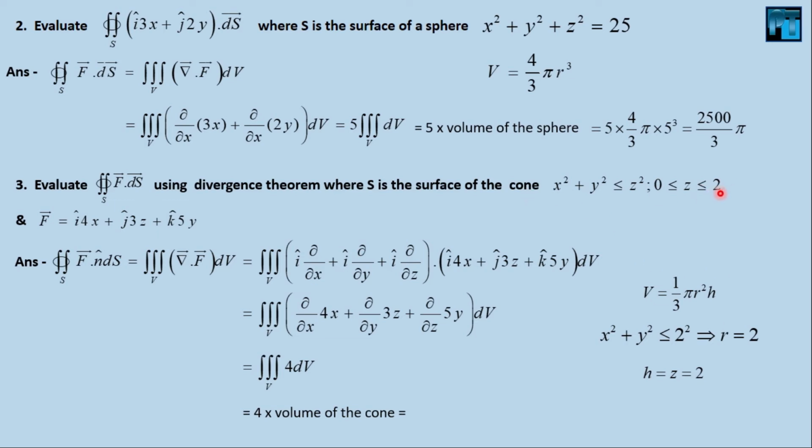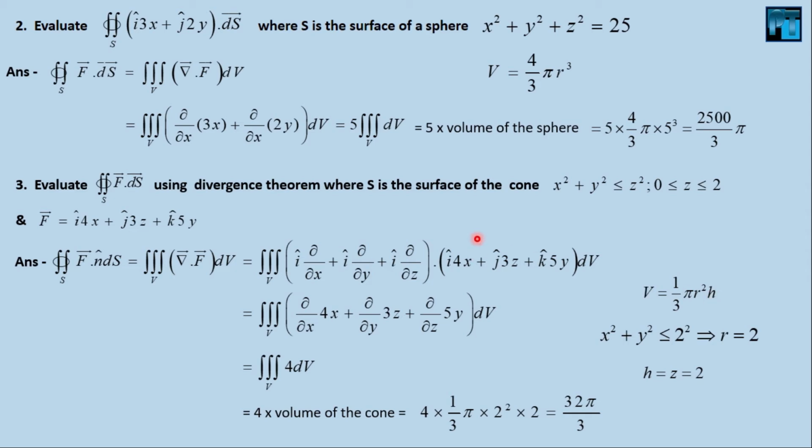See, z equals to 2, x square plus y square less than or equal to 2 square now. So r equals to 2. And what is the value of h? That is also the z, that is 2. So the volume will be 1/3 pi 2 square into 2. Let's put that into the equation and we get the result as 32/3 into pi.